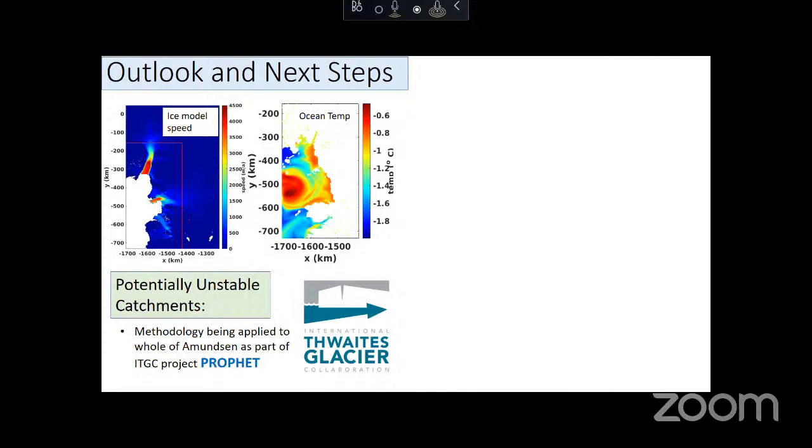I think over the past centuries, it's been constrained that rebound rates around the Amundsen sector have been centimeters per year. And if that's the case, that could really change the location of where the ice takes hold onto the bed. If that's still going on, that could be an important thing in the future that really needs to work its way into our models. And there are people within the ITGC actually working on that as well, but it's not something I've done to date.